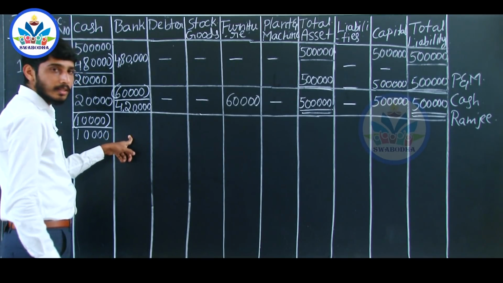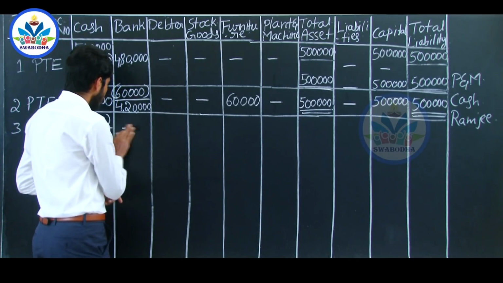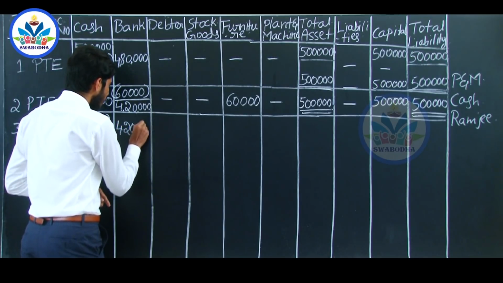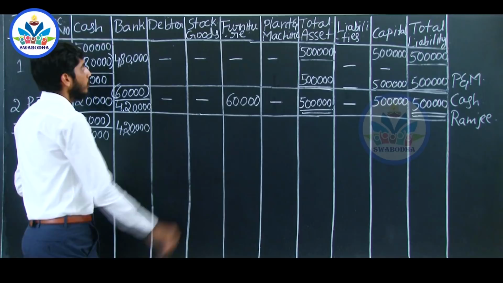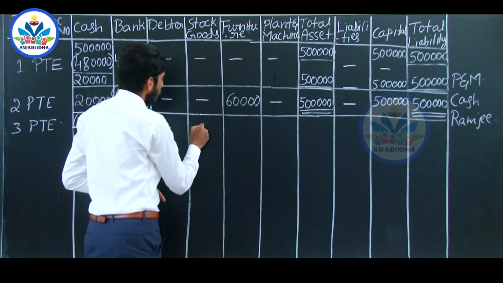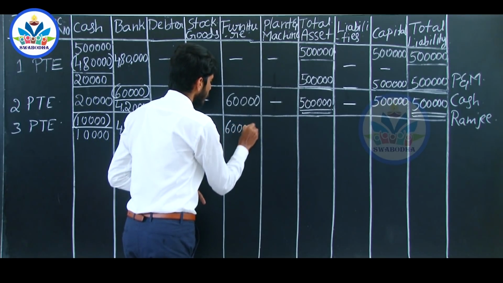There is no bank account involved, it will not change. So, it will remain the same, 4,20,000. There is no value of debtors, no stock or goods, furniture value will remain the same, 60,000.